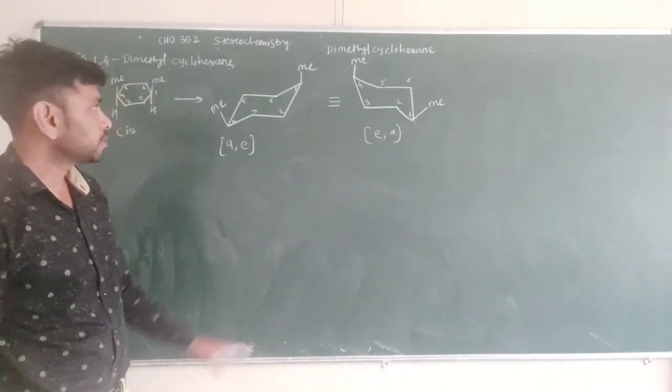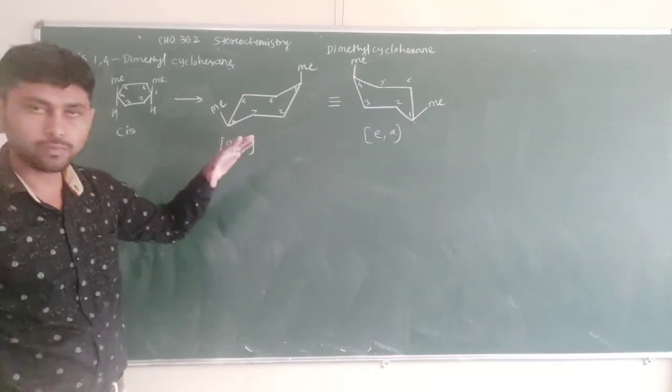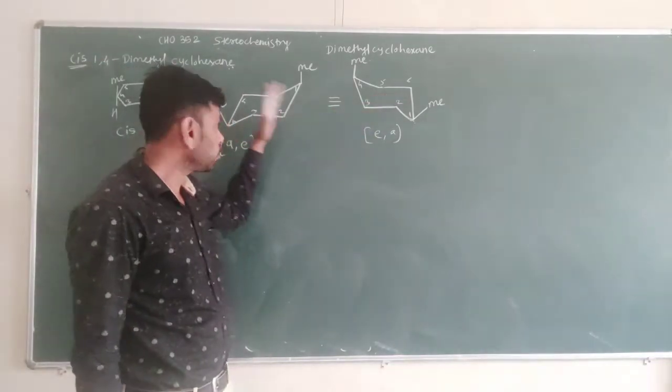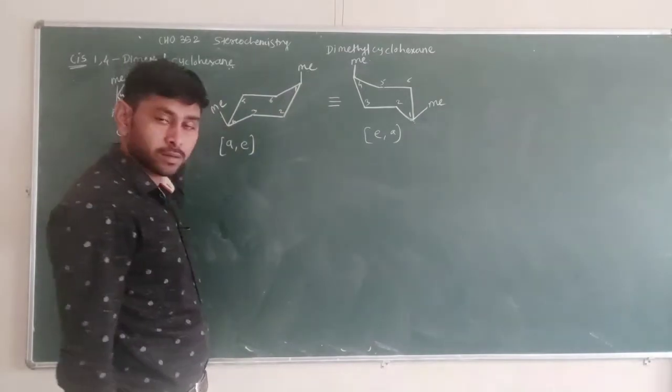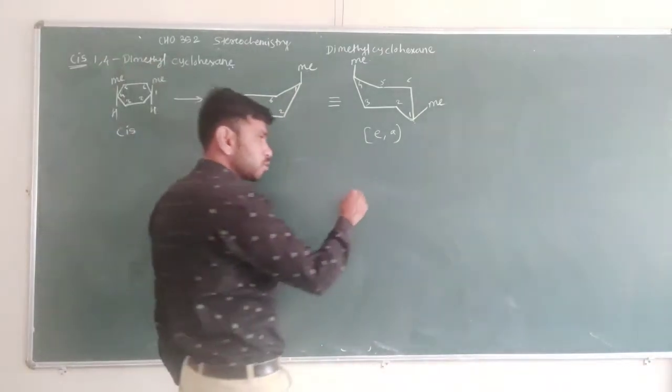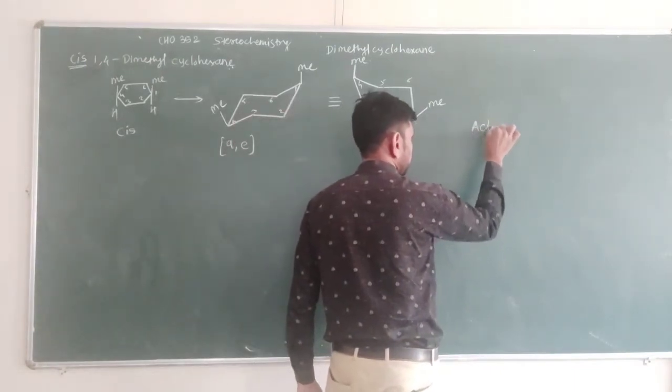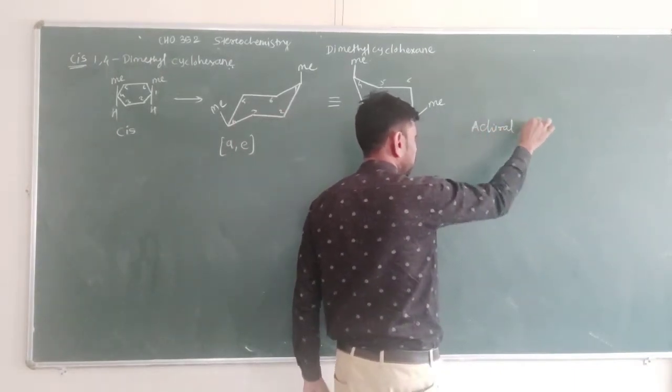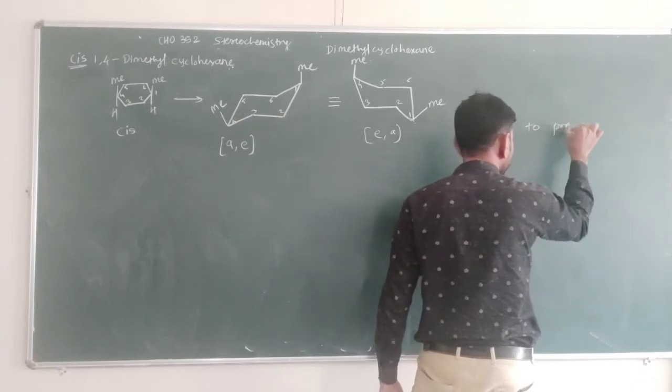But in this case, due to the 1,4 structure, a plane passes through both the planar structure as well as the chair conformation. So all are achiral, due to the presence of a sigma plane.